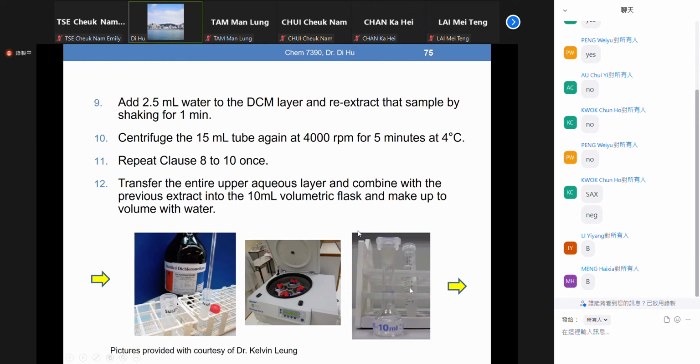And then in this method, they even just make up to 10 milliliter. But if your sample contains a very trace level of melamine, you may not want to make up to 10 milliliter. That's a lot of dilution.